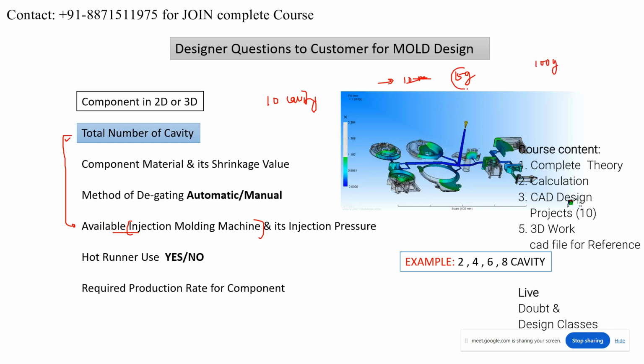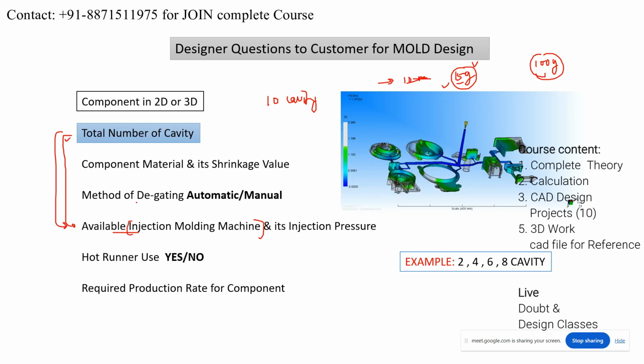Can we prepare 10 cavities of 15 gram each, 10 components? Each component mass is 15 gram. Can we prepare 10 cavities in this capacity? Not possible, right? So it is related to this data.